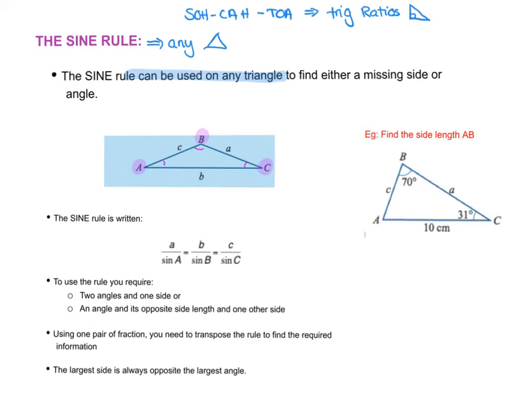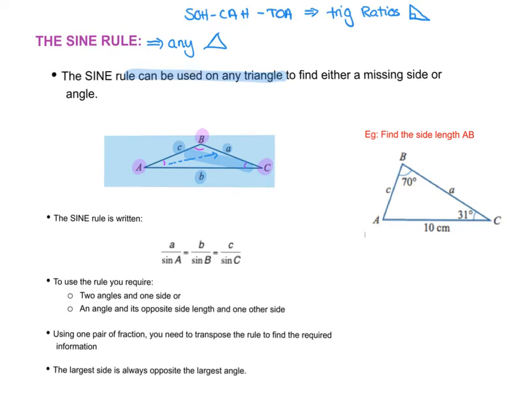If you go opposite the angle A to the other side of the triangle, that gets known as side A. And if we go opposite C, we give side C, and B. So it's important that you label up your triangle first with the capital letters on the angles and then the sides, so that you can set up the sine rule correctly.